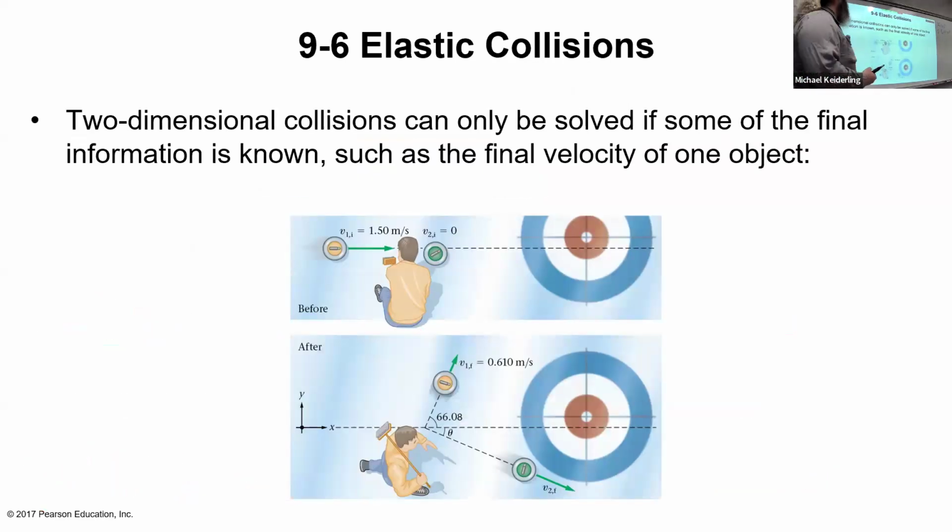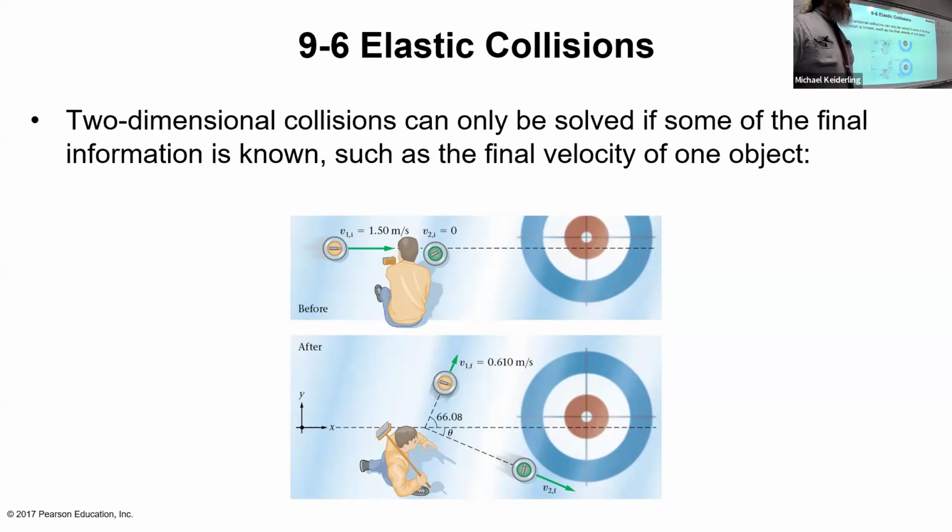We can also do two-dimensional collisions. Now, we can only solve two-dimensional collisions if some of the final information is known, such as the final velocity of one of the objects. And in general, you can use kinetic energy and you can also use momentum.